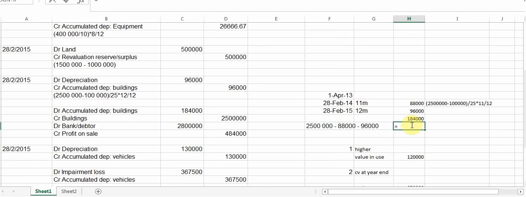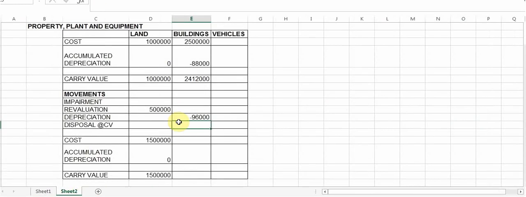That gives us a total carry value of 2,316,000. So that's the carry value at the date of sale. So the disposal is minus 2,316,000.